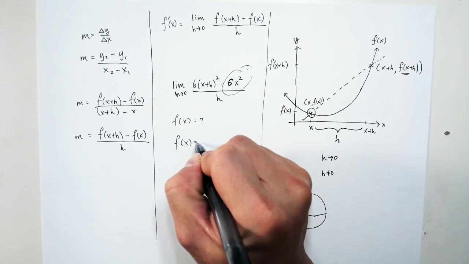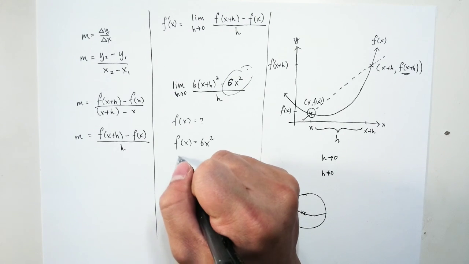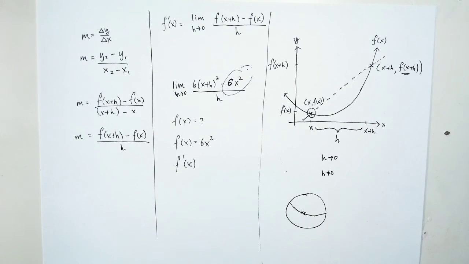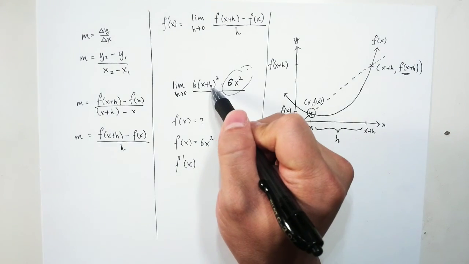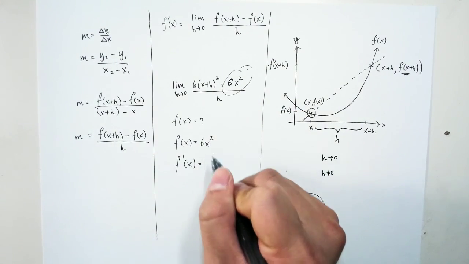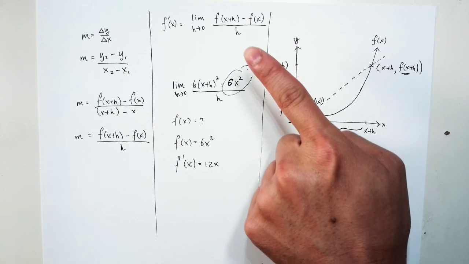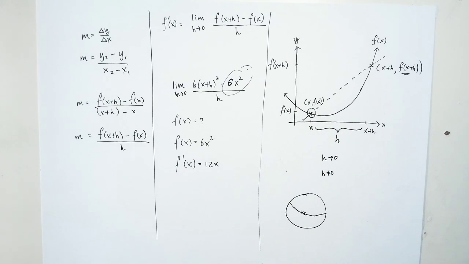So this is f of x, 6x squared. And if you know how to use the power rule, then you'd be like, hey, I know what the derivative is without even expanding this, because with the power rule, I know that it's going to be 12x. And this is how understanding the origin of this expression will help you analyze this kind of problem much better.